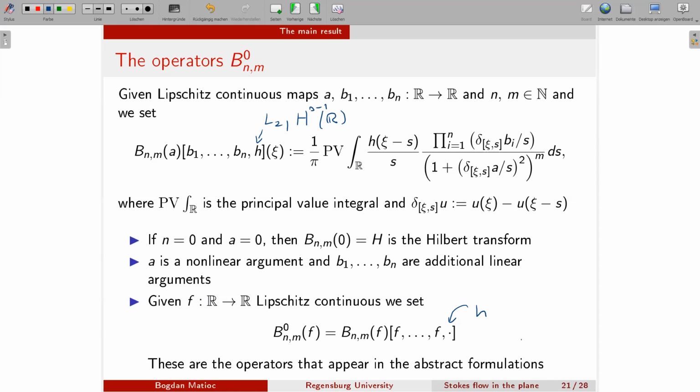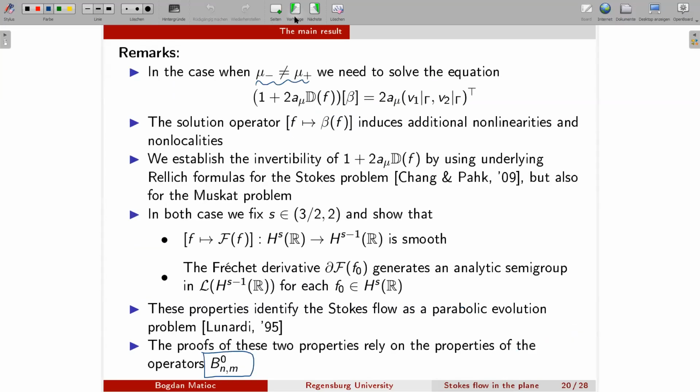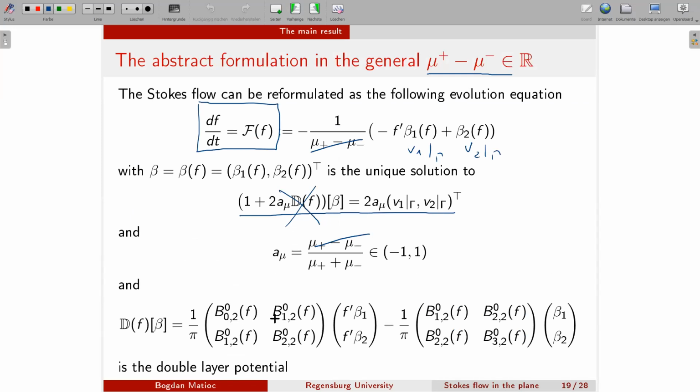And in the formulation of the Stokes problem, m is always 2. So in the next slides, we will see sometimes instead of m, we have a 2 because previously we had only m equal 2. Yes, let me go back. So you see here 0, 2, 1, 2, 1, 2, 2, 2, 3, 2.